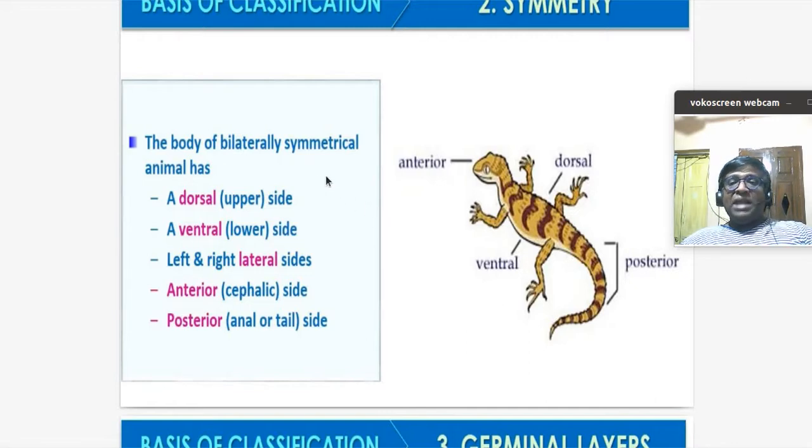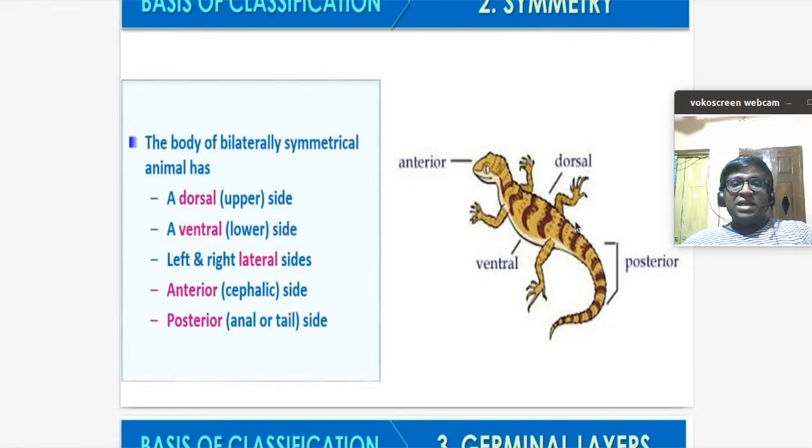So the body of a bilaterally symmetrical animal has, at the anterior region, the head or cephalic region. At the posterior region, anus or tail is present. The dorsal side is the upper side. See, for us, the front side is the ventral, the back side is the dorsal.